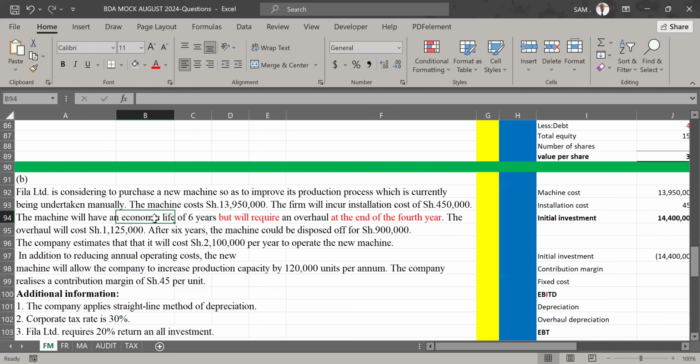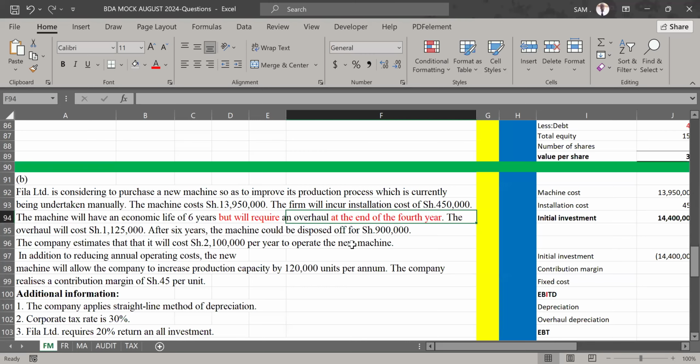You are told the useful life is 6 years, but it will require an overhaul, meaning the economic life depends on this overhaul. Without the overhaul, this economic life of 6 years might not be achieved.